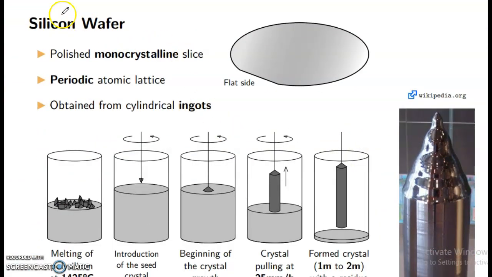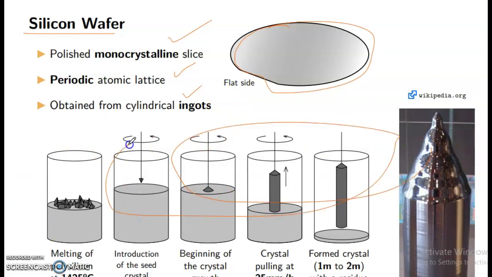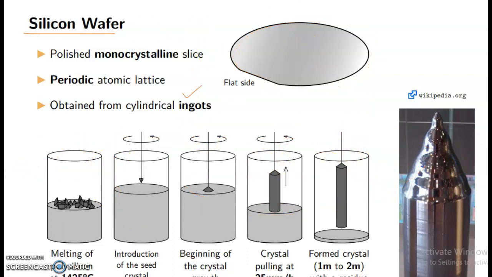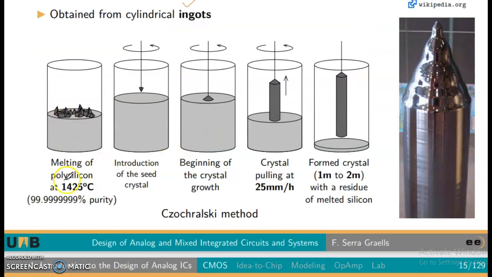Silicon wafer, polished monocrystalline slice, periodic lattice, flat side, obtained from cylindrical ingots. Here melting of polysilicon at 1425 degrees Celsius, 99.999% purity.